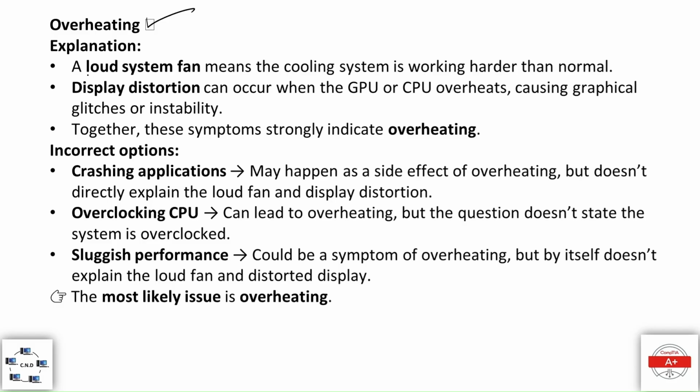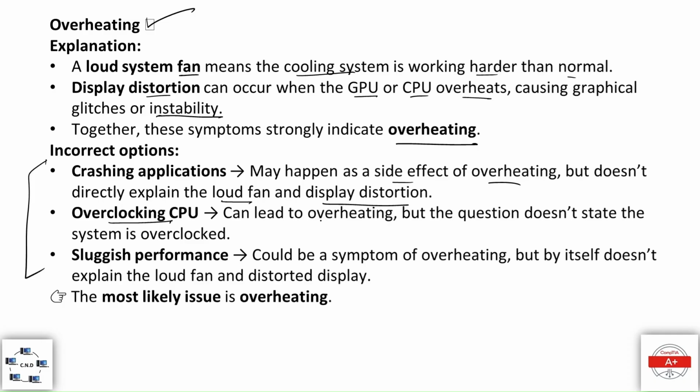And the explanation is, a loud system fan means the cooling system is working harder than normal. Display distortion can occur when the GPU or CPU overheats, causing graphical glitches or instability. Together, these symptoms strongly indicate overheating. Incorrect options. Crashing applications may happen as a side effect of overheating but does not directly explain the loud fan and display distortion.